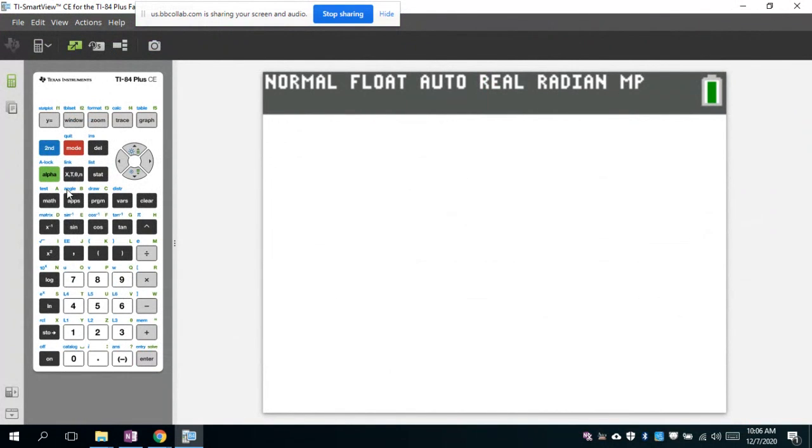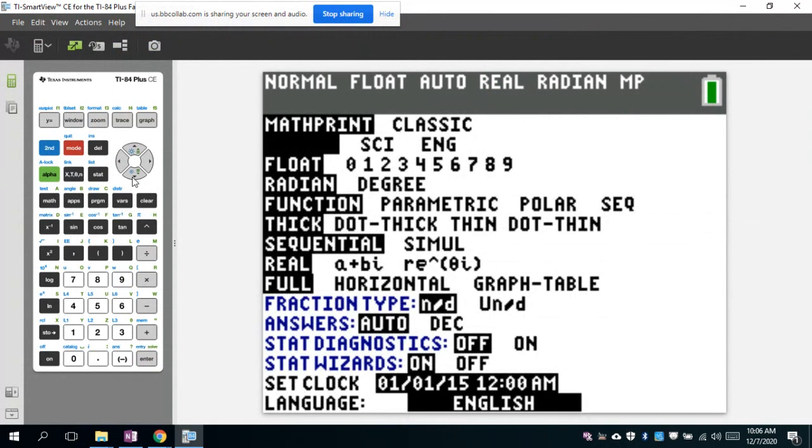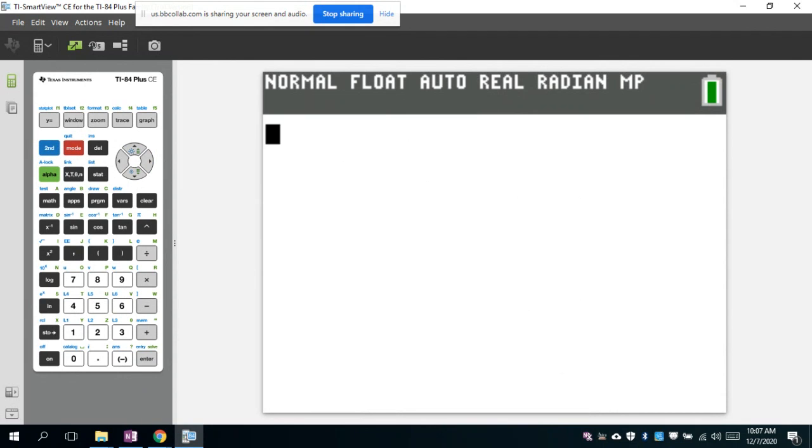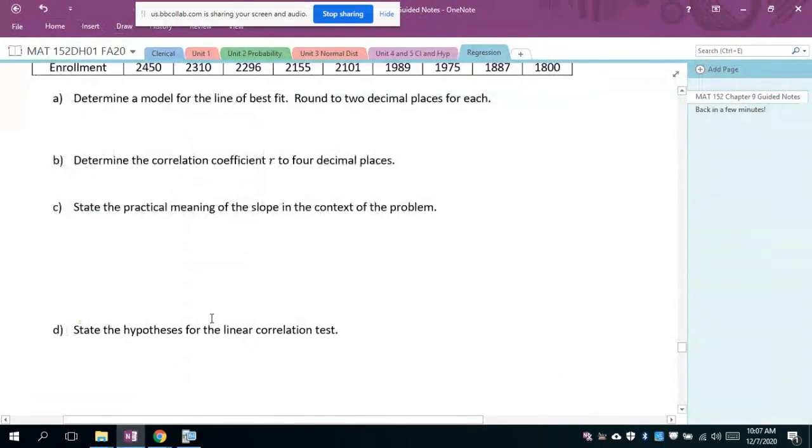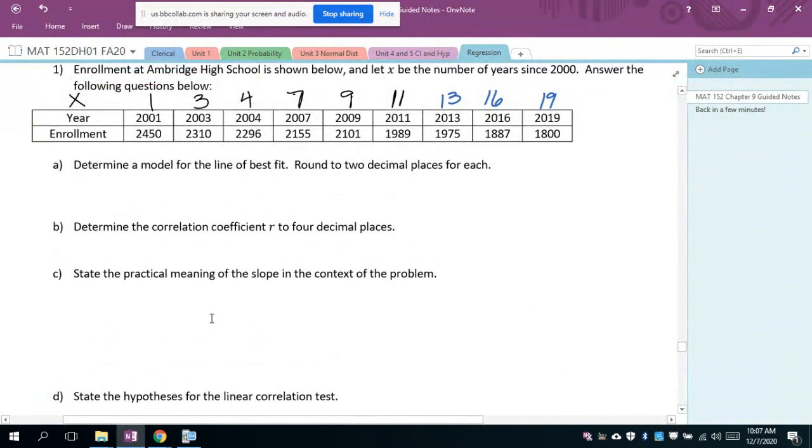So what I need to do here is go to mode and make sure I have my stat diagnostics turned on. Now, this is going to be a negative model, and the reason is because the enrollment appears to keep going downward.